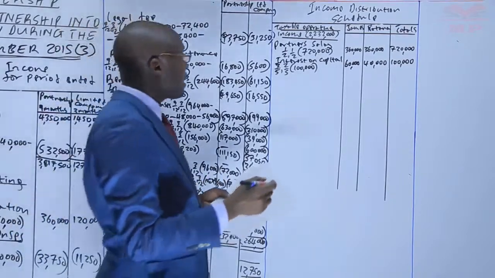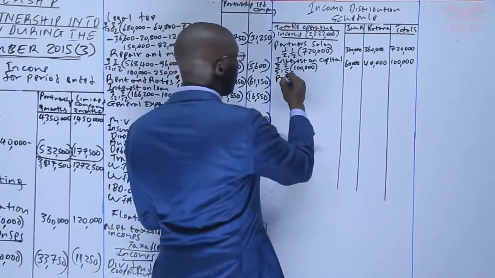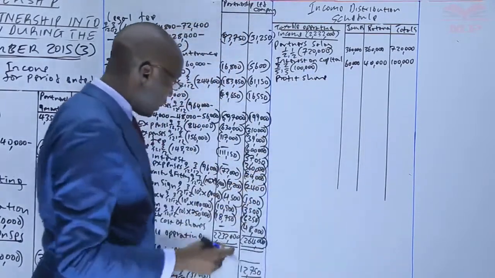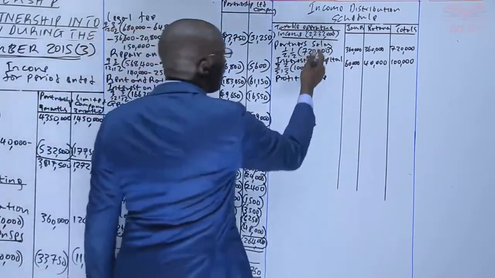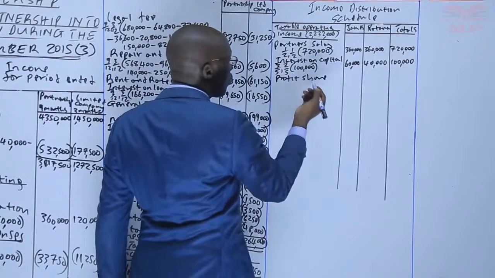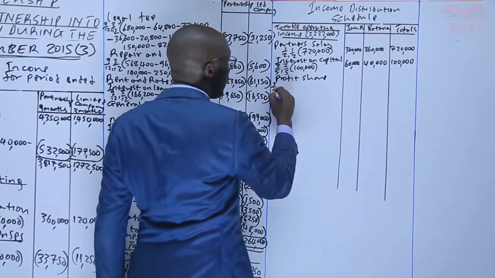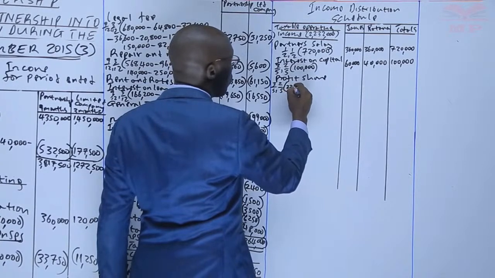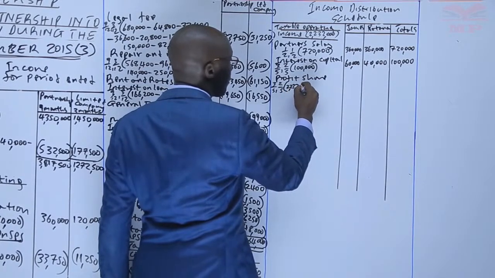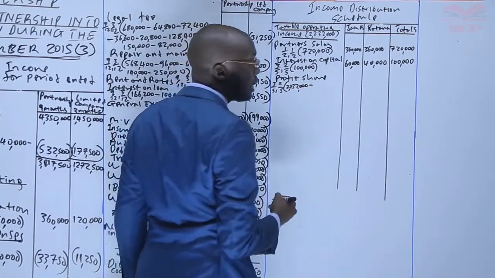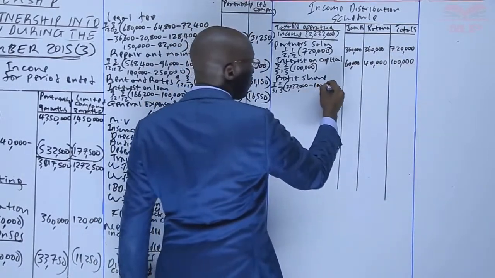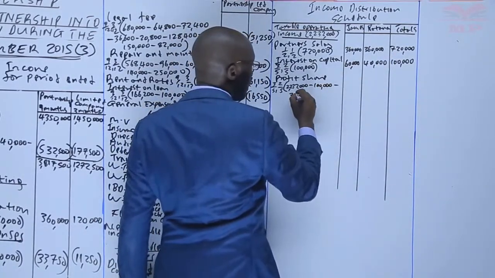So what remains is for us to share the profit share. That's the last one under here. Profit share, which is now this one, we take according to the profit sharing ratio, 3/5, 2/5 of the 32,000 minus what you have distributed, interest and salary, minus 100,000 minus 720,000.